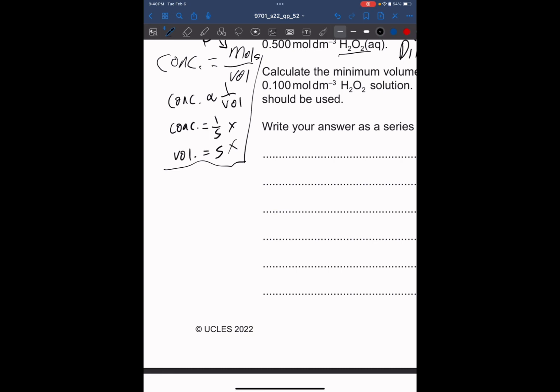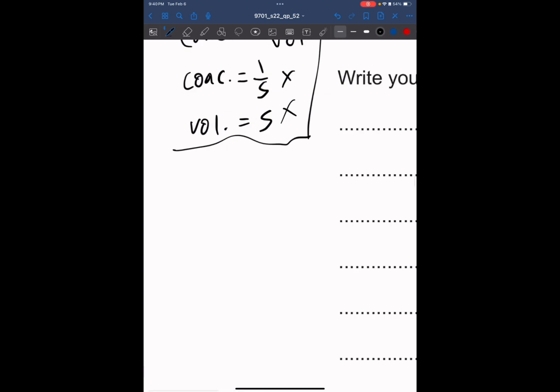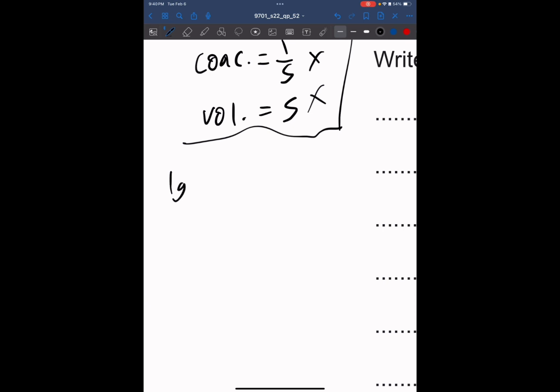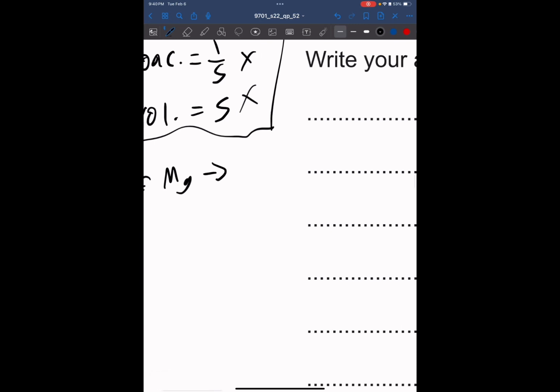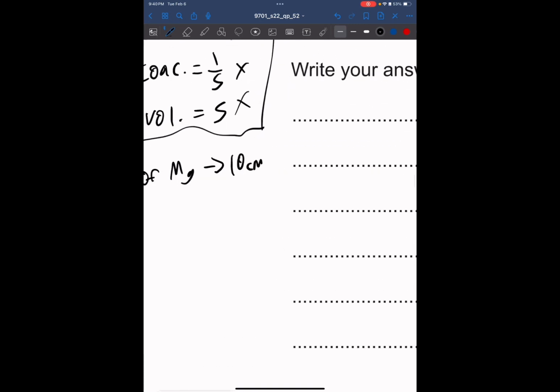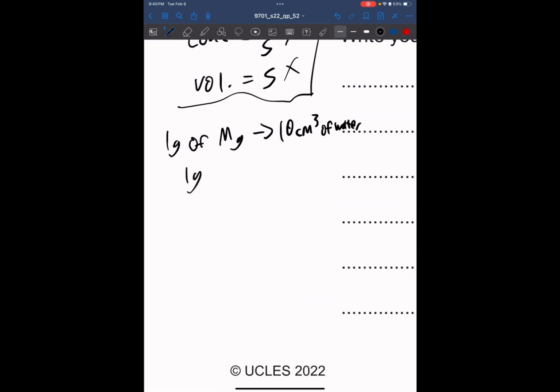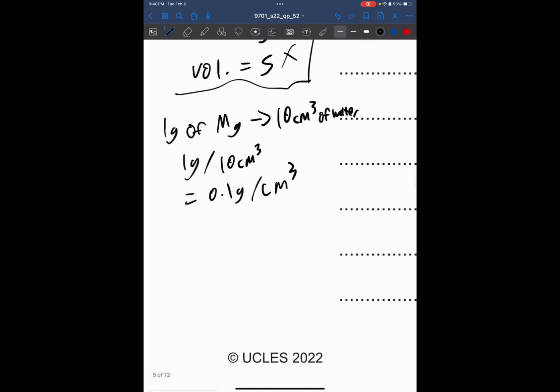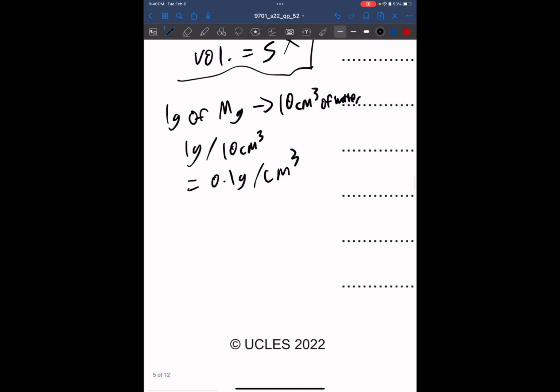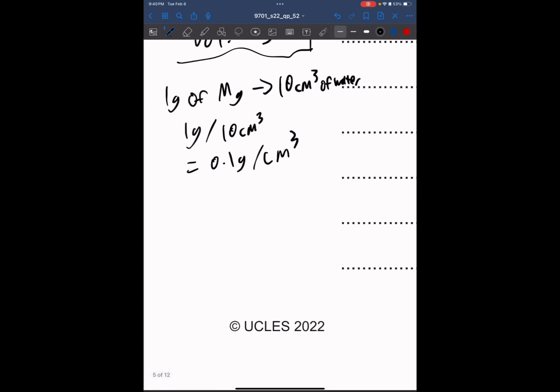Another thing that I'd explain is to just imagine you have 1 gram of a metal in 10 cm³ of water. Right now, our concentration would be 1 gram per 10 cm³, which equals 0.1 gram per cm³. Now, imagine you want to change that solution to have a concentration that's 5 times lower.